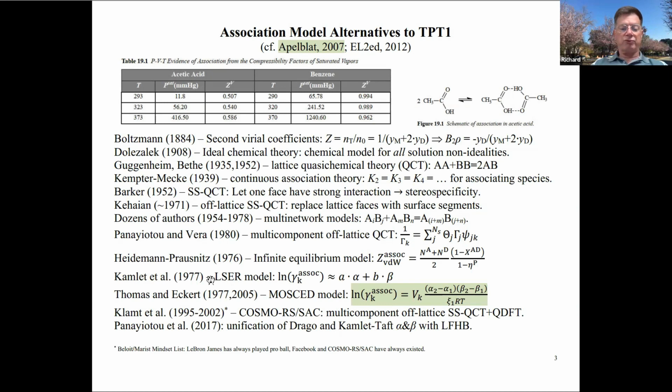I've recognized its role in COSMO-RS theory, and how that is a very modern theory, but the thermodynamics derives from this very ancient theory, going back to Barker, who recognized that if you have a cubic unit cell with 6 faces, and one of those faces is very strongly interacting, like a hydrogen bond, and the other 5 aren't, then that gives you something that's stereospecific and short range, because all of those interactions are short range.